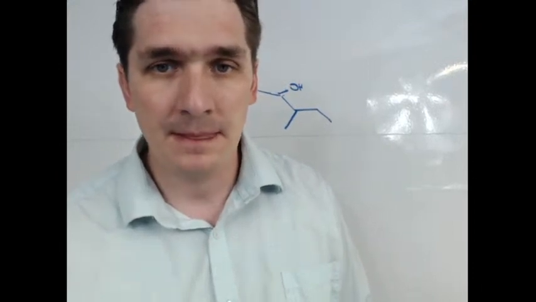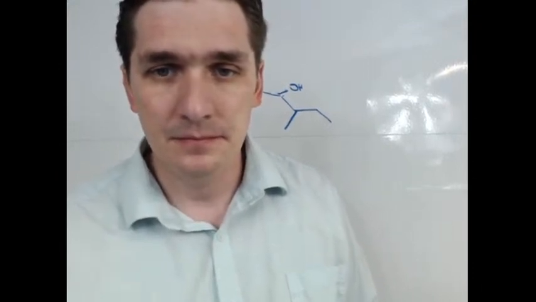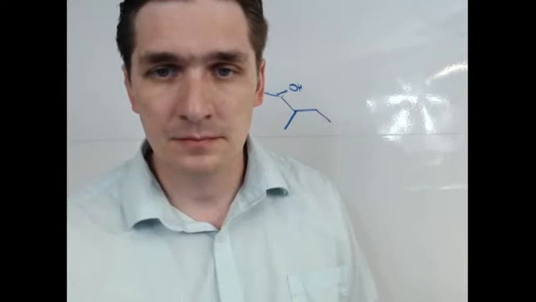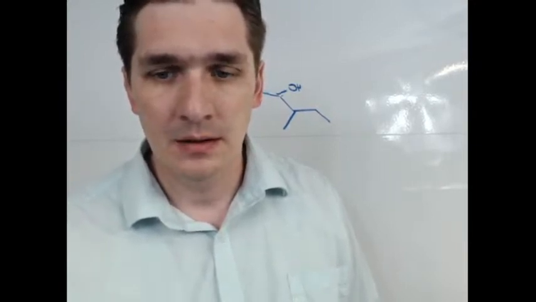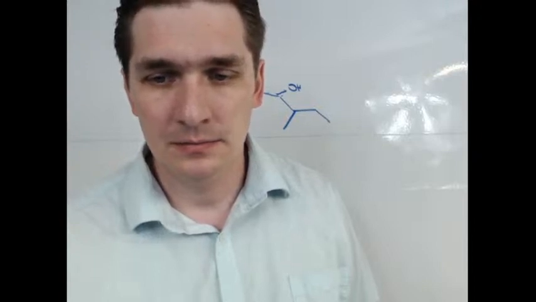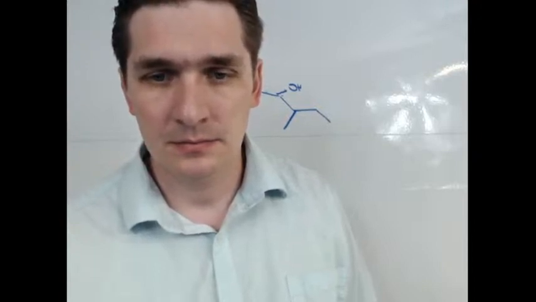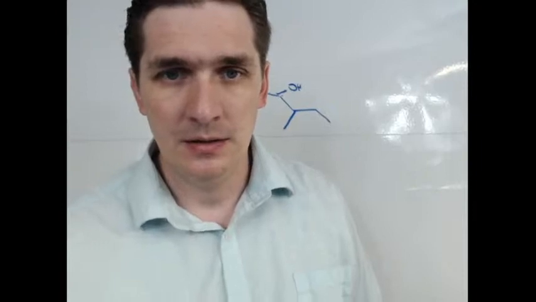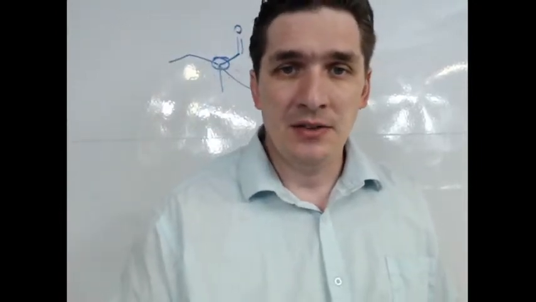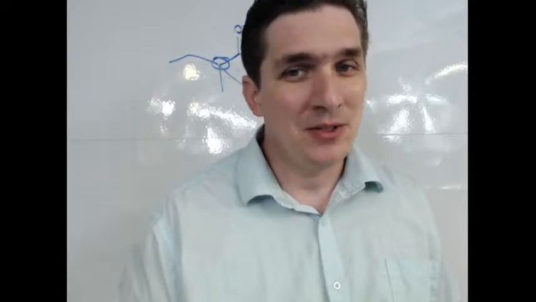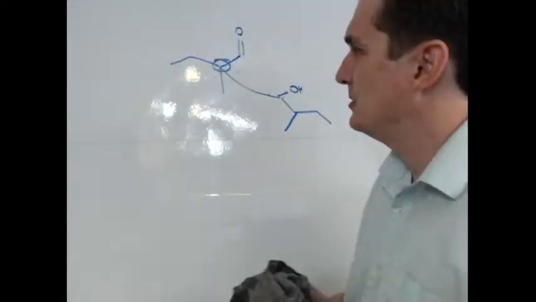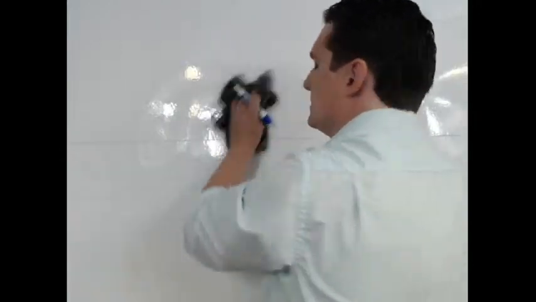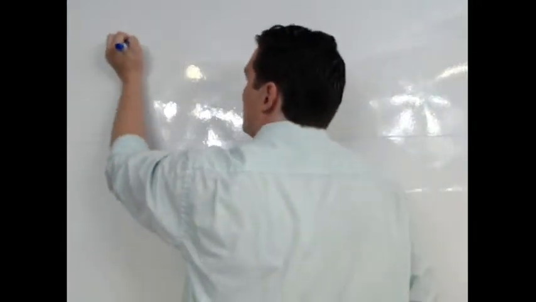Next question. 62. So design a synthesis of ethyl N-ethylamino propionate from ethyl formate, ethyl acetate, and ethyl propionate. And again, this is really obnoxious the way they write this. So you're starting with these compounds.